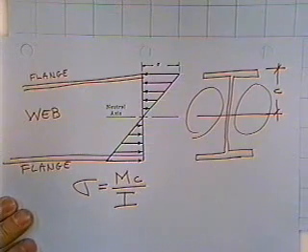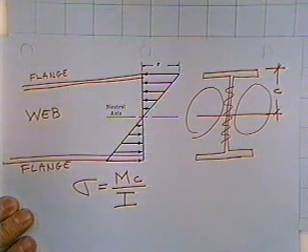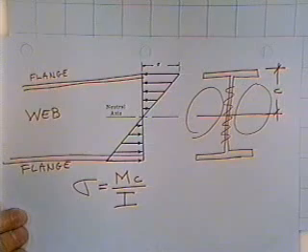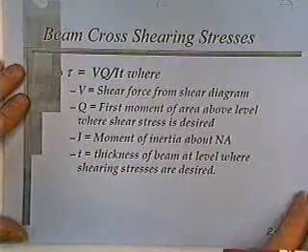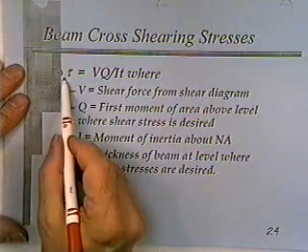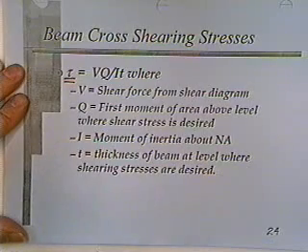Now there are also some stresses tending to collapse this web, and those stresses are shear stresses. They are not usually of very large magnitude, but they do still appear in the beam, and they have to be calculated. They're given by shear stress, a wiping stress as opposed to an axial or normal stress as bending stresses were, equals VQ over IT. Most of the terms are very easy to come up with.